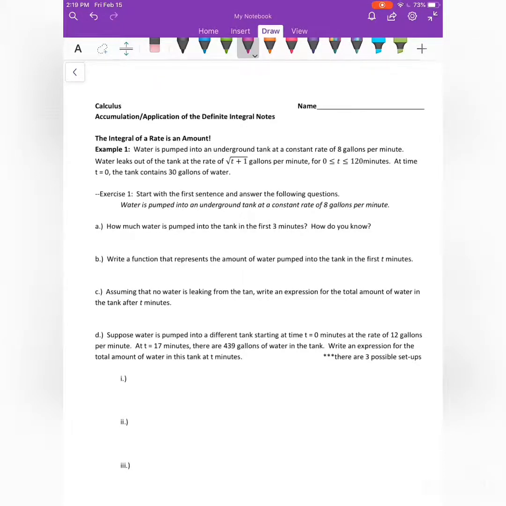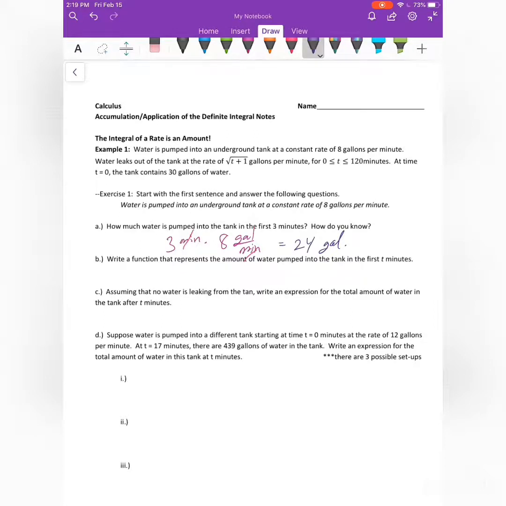So if it's doing 8 gallons per minute and we did 3 minutes, 3 minutes times 8 gallons per minute. Kind of nice here that the minutes just cancel and you get 24, and the only units that you have left are gallons. So that's kind of nice. I would approach this with the units thing. It kind of solidifies your answer as you know you're doing it right.